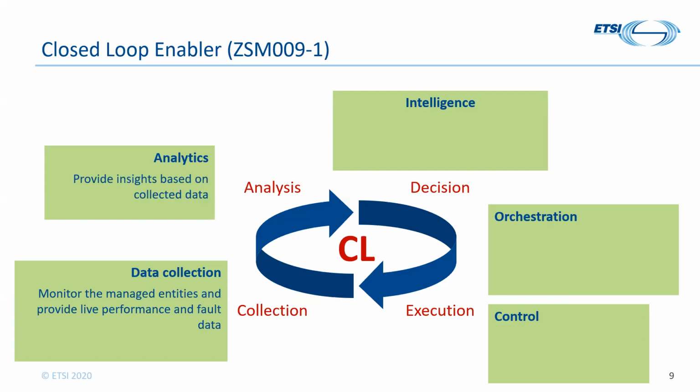The collection function would massage the data received and forward it to the analytics function. The analytics function would provide insights based on the collected data. With the help of AI or machine learning, the analytics function would perform troubleshooting and determine the root cause analysis. The intelligent function provides specific decisions and recommendations based on AI models, policies, and intents.